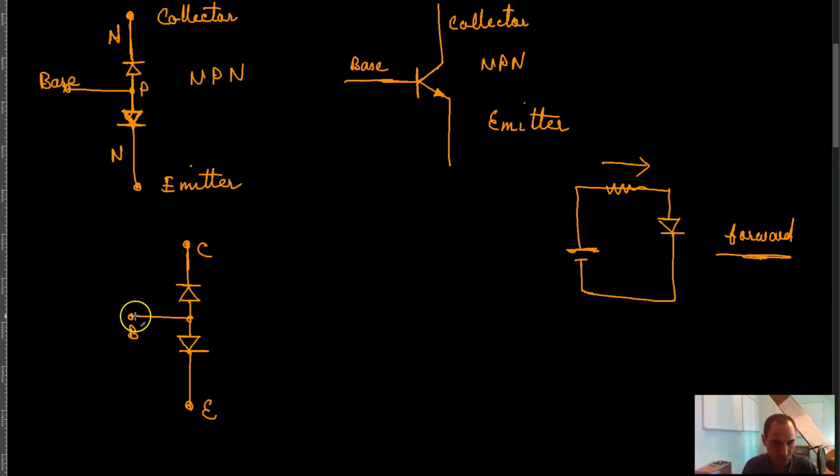Since you want to have current going through the circuit, because otherwise you wouldn't have collector current, you have to forward bias your base diode, which means that the anode of that diode has to be connected to the positive supply. So imagine I have my positive supply here, and it makes sense that I connect this diode over here.